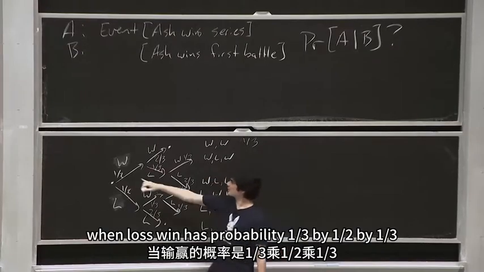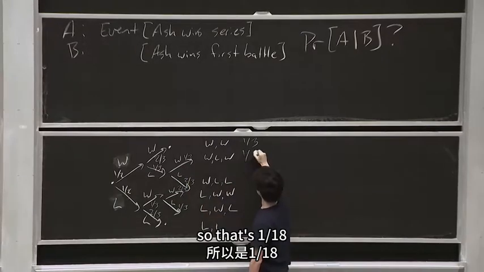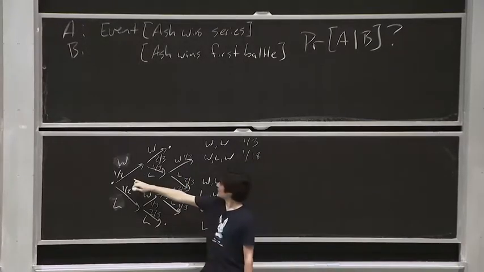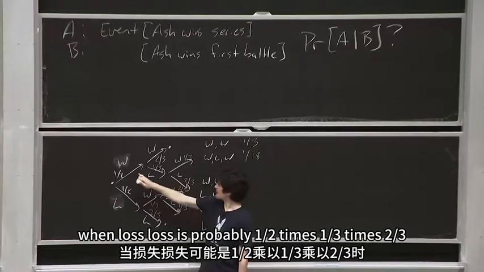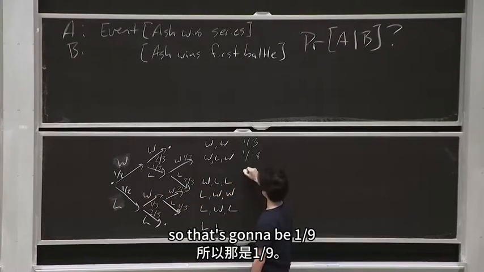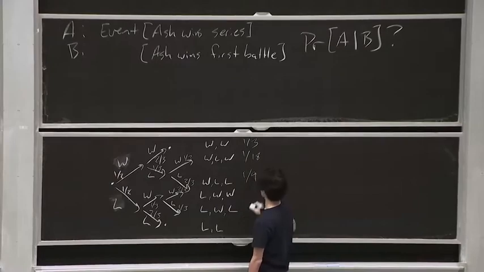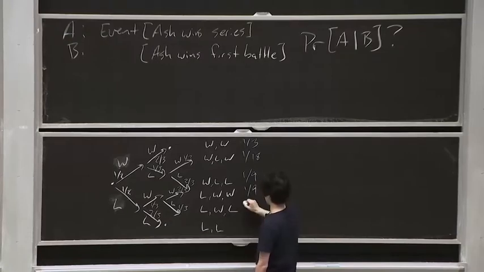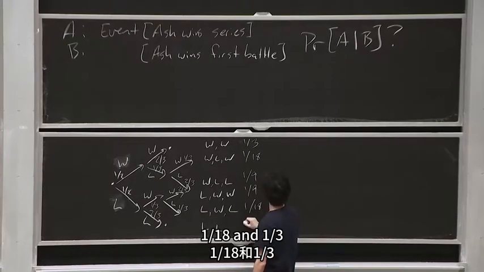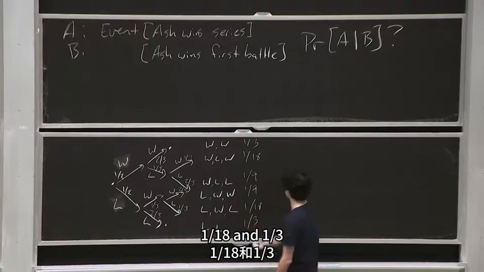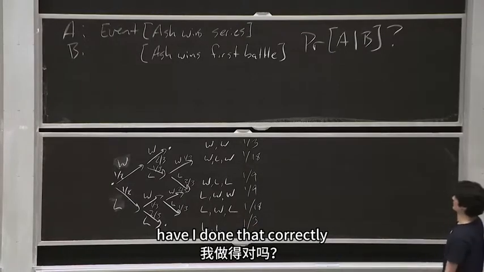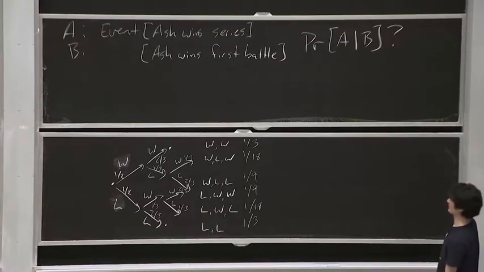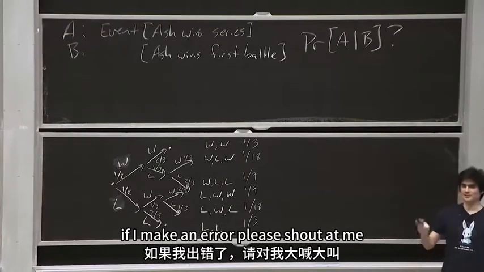Win, loss, win has probability 1/2 by 1/3 by 1/3, so that's 1/18. Win, loss, loss has probability 1/2 times 1/3 times 2/3, so that's going to be 1/9. And then these all reverse. 1/18 and 1/3. Have I done that correctly? Yes, that looks fine. If I make an error, please shout at me.